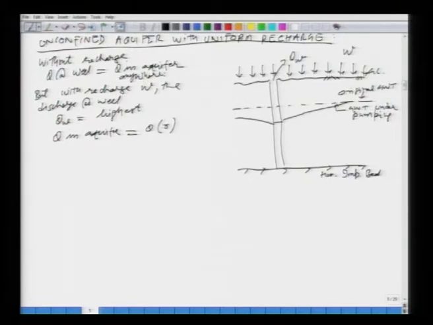As I said, it will be varying in the aquifer. As one approaches the well, this Q increases because of the recharge that is taking place, because you have additional water going in. So, that will be contributing to the discharge, or the flow due to this recharge.